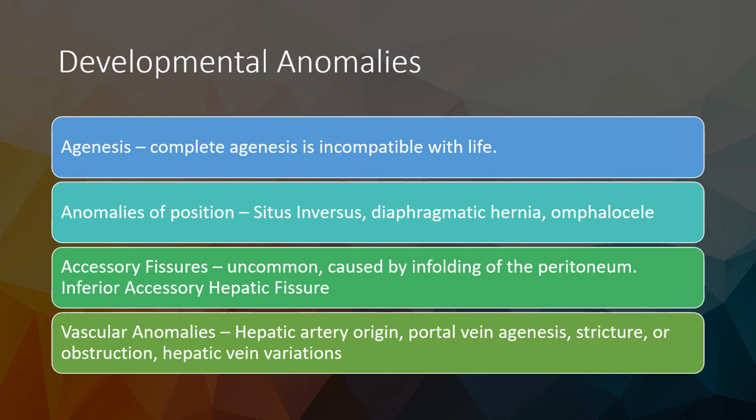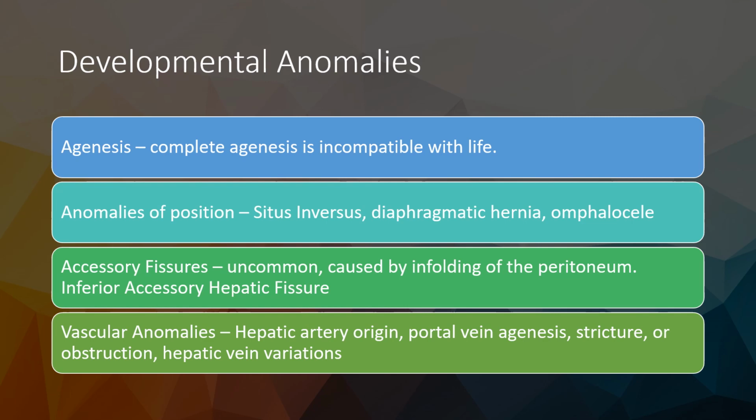And then there's vascular anomalies. Hepatic artery origin, you can have anatomical variations in where the hepatic artery takes off. Those are relatively common. Portal vein anomalies are more uncommon.